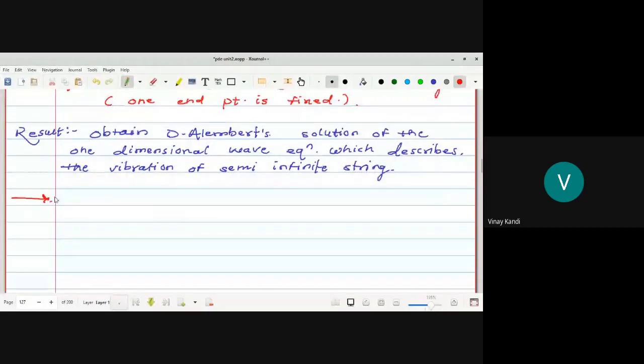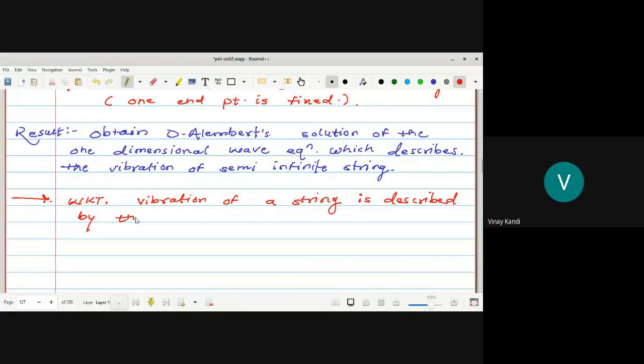We know that the vibration of a string is described by a second order partial differential equation.